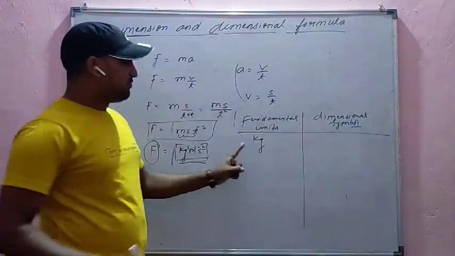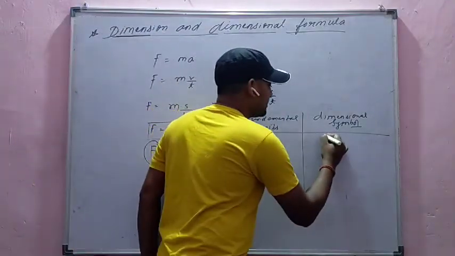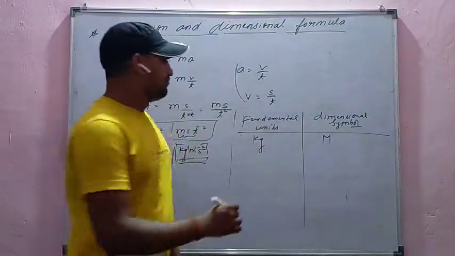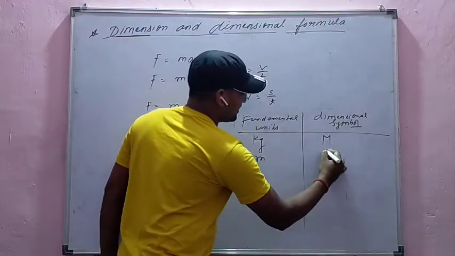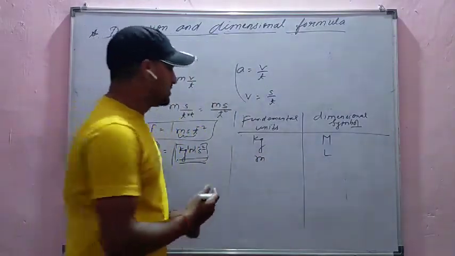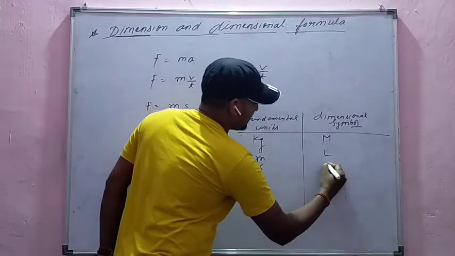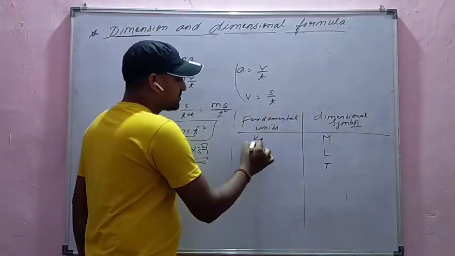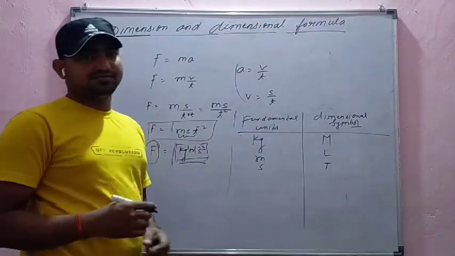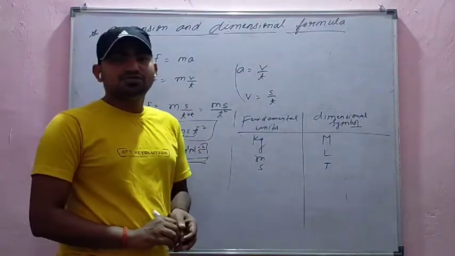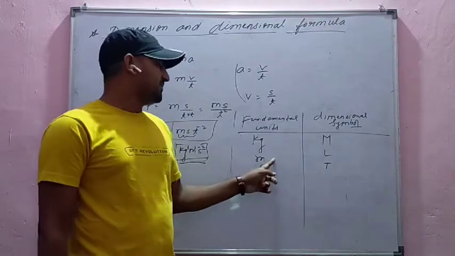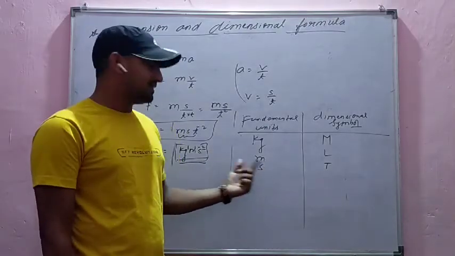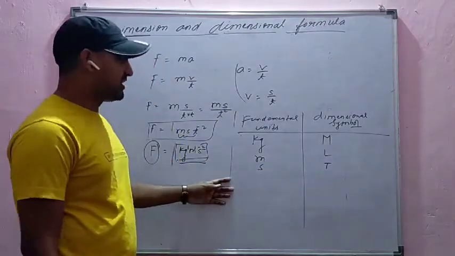For the kg we write here capital M. For the meter, we write here L. For the second, we write here T. You know very well, kg is used to measure the mass. Meter is used to measure the length. Second is used to measure the time.